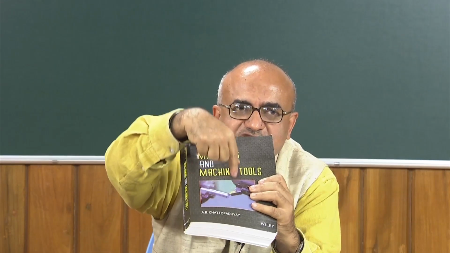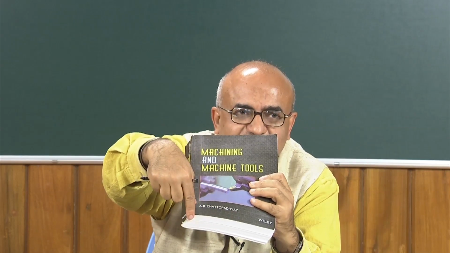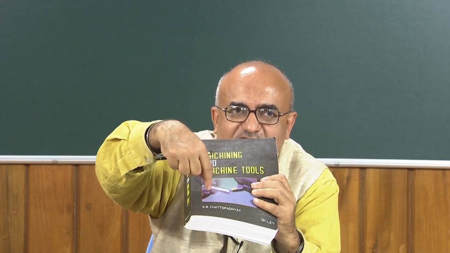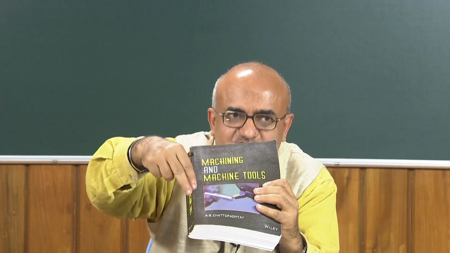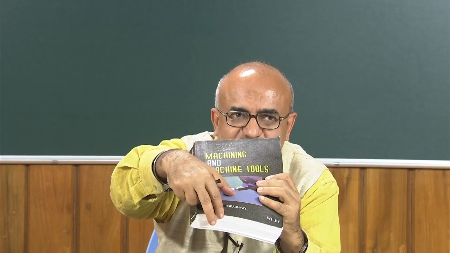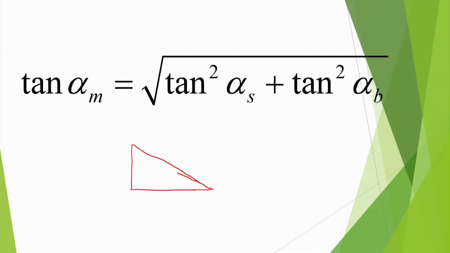If I go from here to here, I get maximum slope. If I go from here to here, 0 slope. In between, if I follow this path, then my slope will be reduced, because between two extremes it will change. So that is why tan alpha m is equal to under root tan square alpha s plus tan square alpha b.